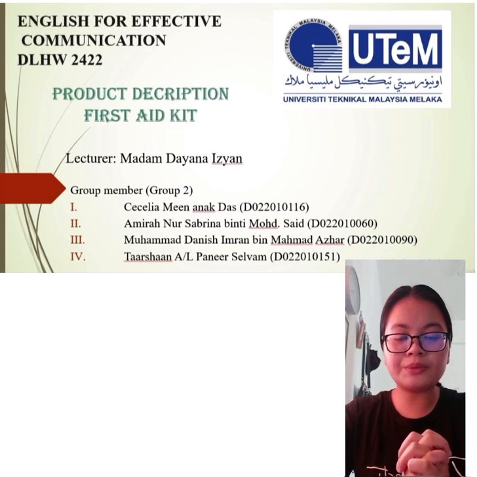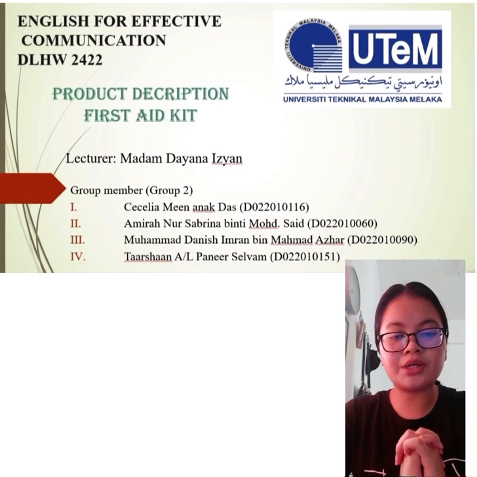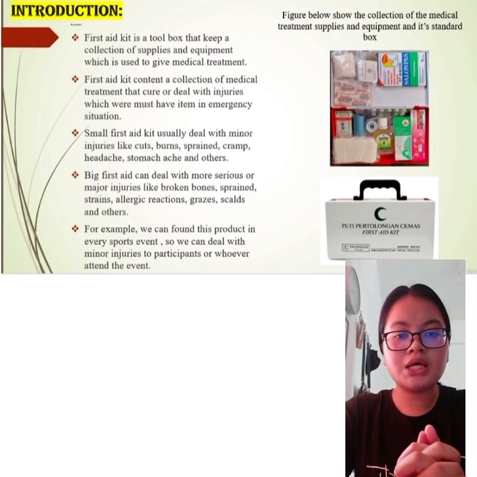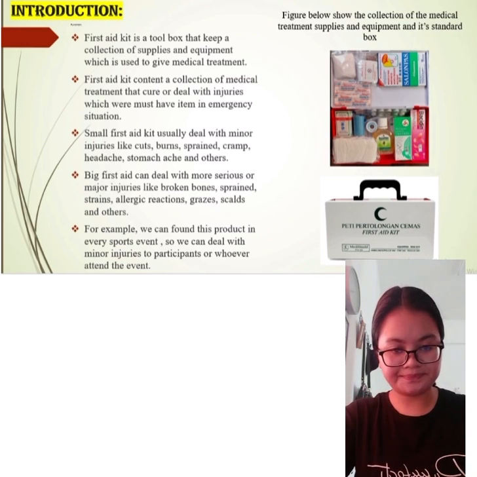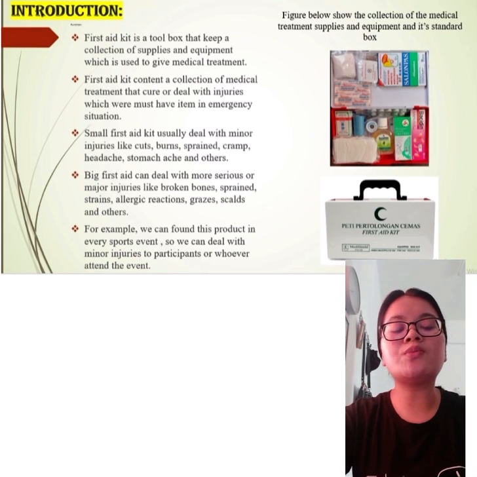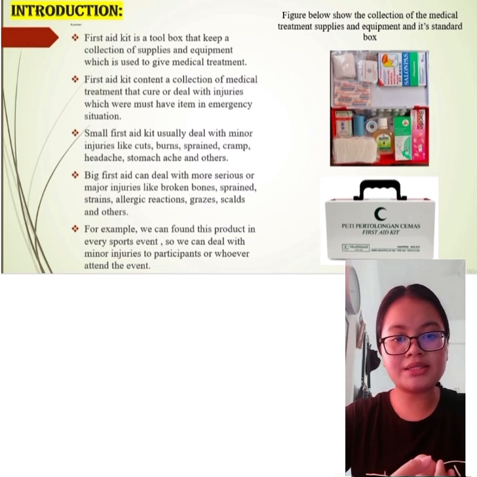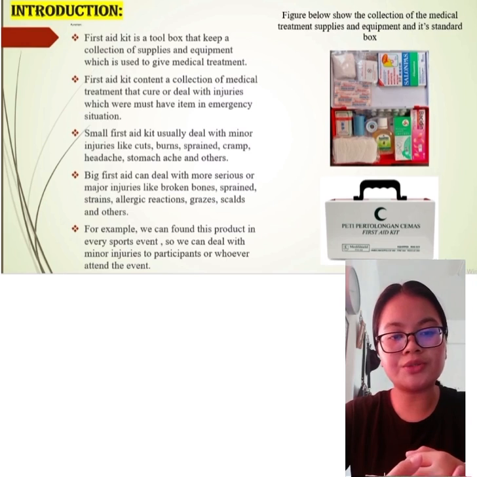I'm going to present the first slide of this product description, which is the introduction to the first aid kit. As we know, a first aid kit is a toolbox that keeps a collection of supplies and equipment which is used to give medical treatment to injured people.